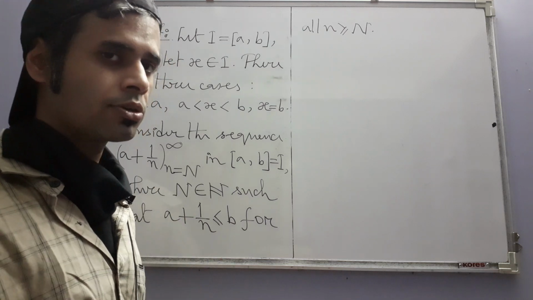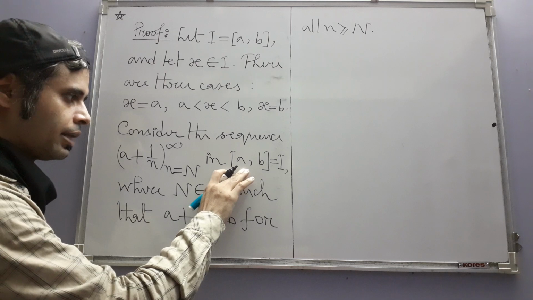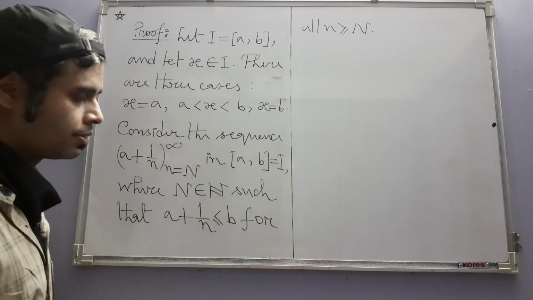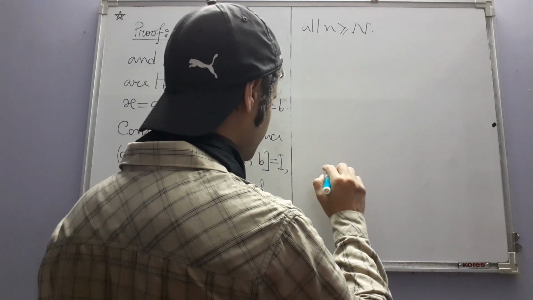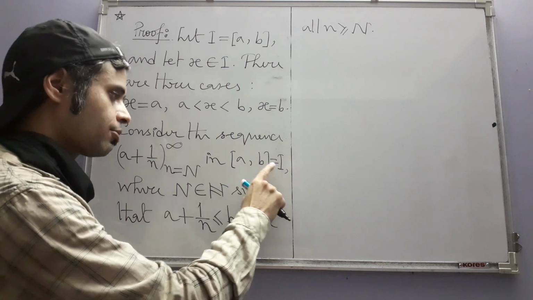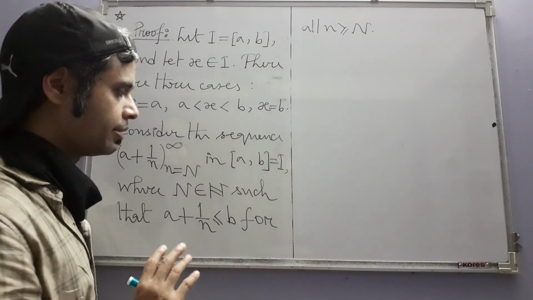So we won't consider them. So that's why here it is assumed that A is less than B, so that this has at least one point. And we are not considering A equal to B, because then again we will get a degenerate interval.